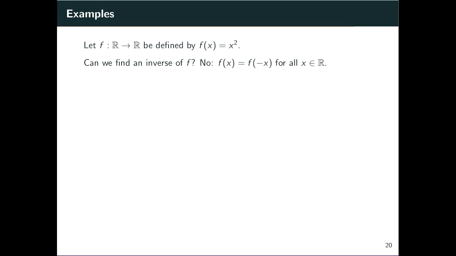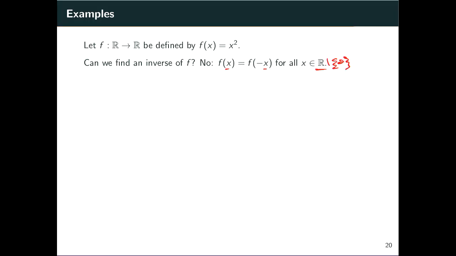And my answer is no, because we can find two distinct elements of our real numbers that map to the same place. What they are is any positive number x and then you take the negative of it. And maybe I should make a correction and say we can't choose 0.